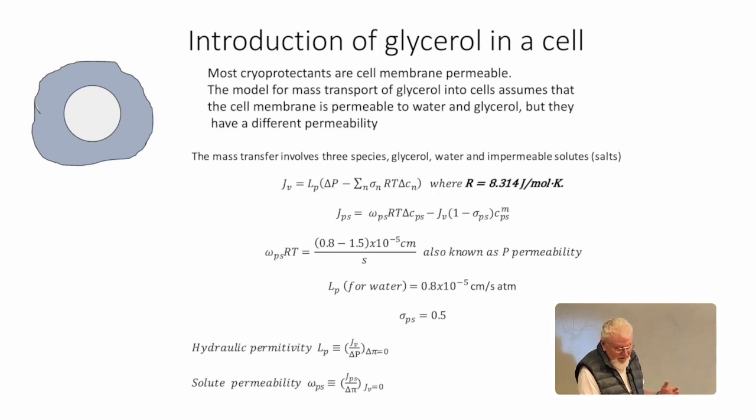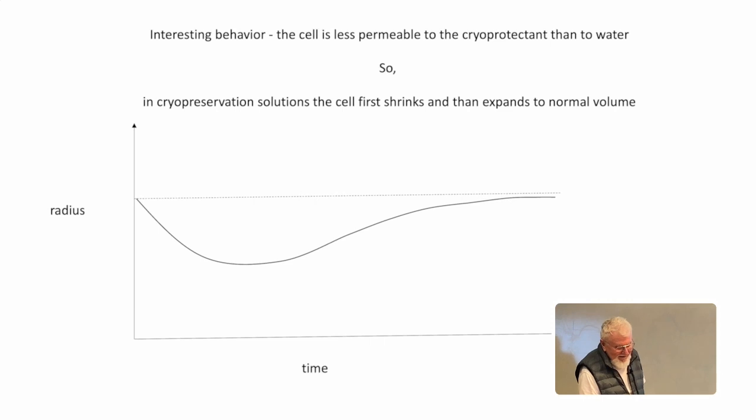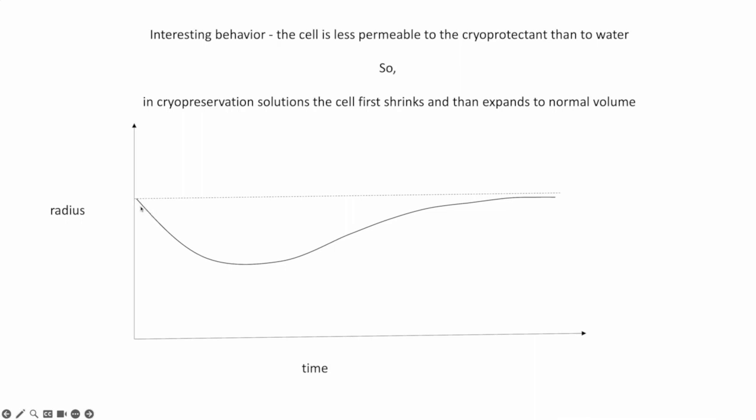And these are the results. When you introduce a cell in a solution of glycerol, you first see that the radius of the cell goes down. Can you figure out why? Because the permeability of the cell membrane to water is much higher than the permeability to glycerol.